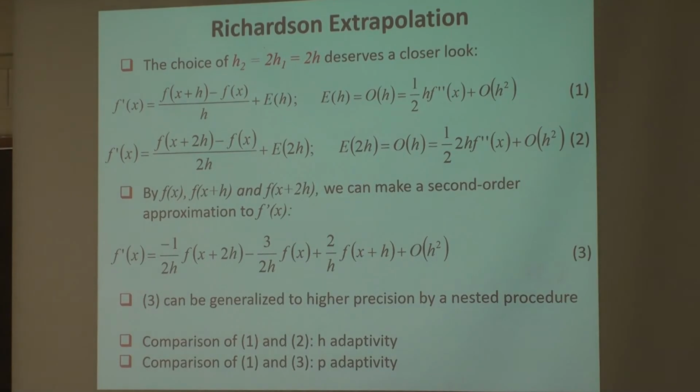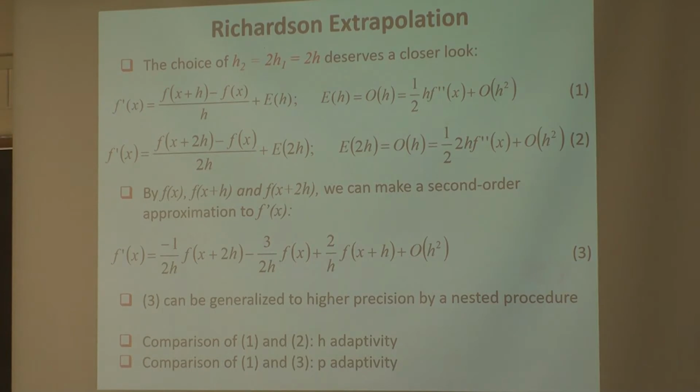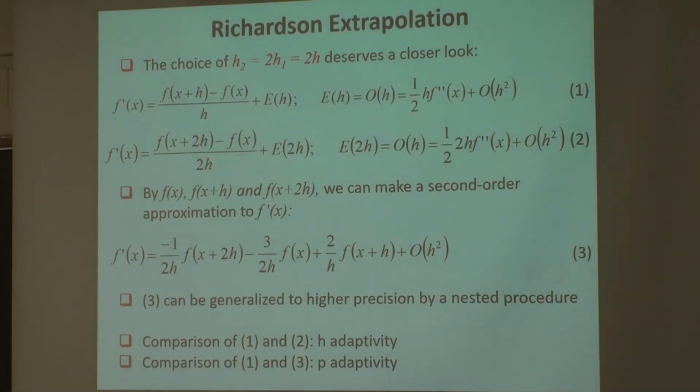Let's go to the central message, so that we can understand the first step of HP adaptivity. Now, the choice of H2 equal to 2H1, just the special case from before, where H1 is H. I can write down this very general Taylor expansion. So then I know I have a second order approximation using H and 2H. I have a second order approximation of the same function.